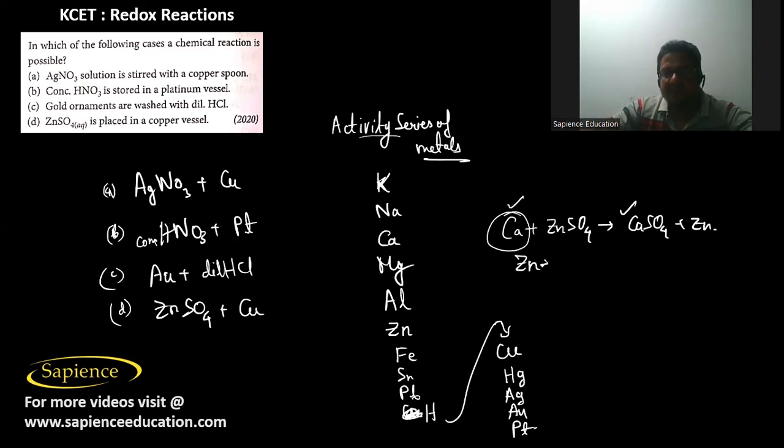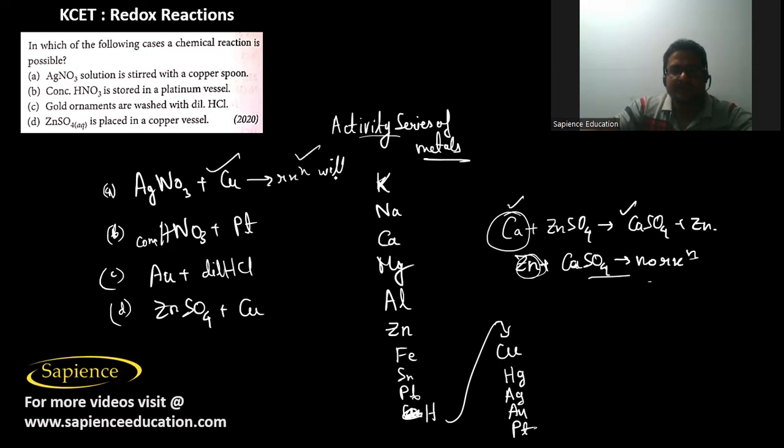But if zinc is reacted with calcium sulfate, then no reaction will happen since zinc can't displace calcium from its salt, since zinc is less reactive than calcium. So here silver is lower than copper. So copper can displace silver from its salt. So here reaction will happen.